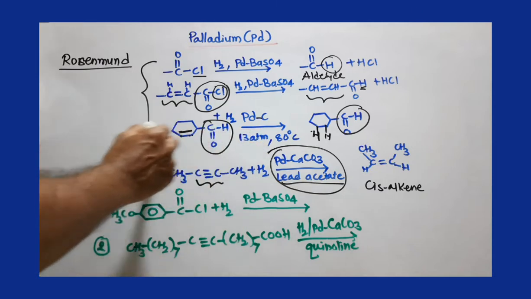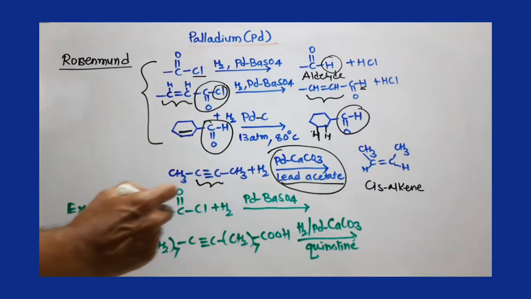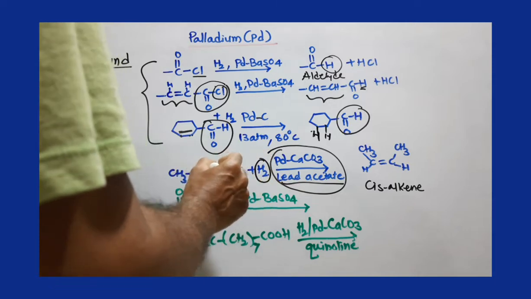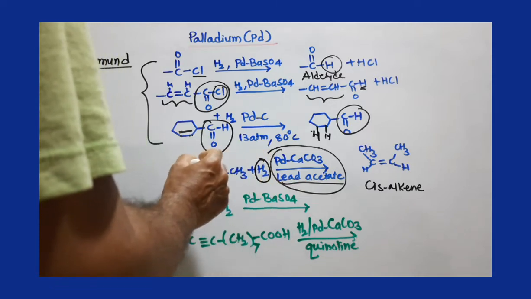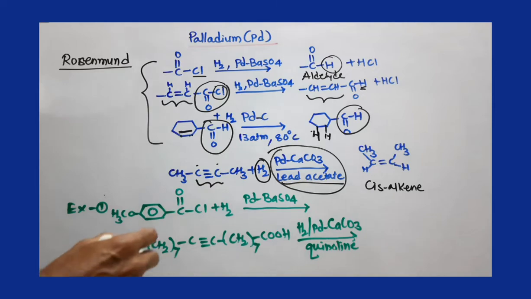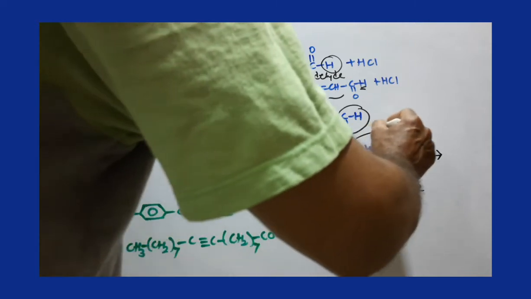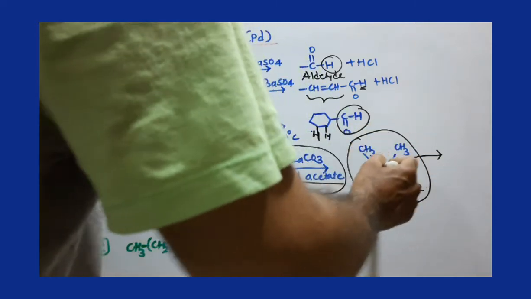You remember this is Lindlar catalyst, and reduction takes place here at the carbon-carbon triple bond. So one hydrogen is added here, one hydrogen is added here, but this is not further reduced to carbon-carbon single bond. So the reaction you can stop here at the alkene stage.